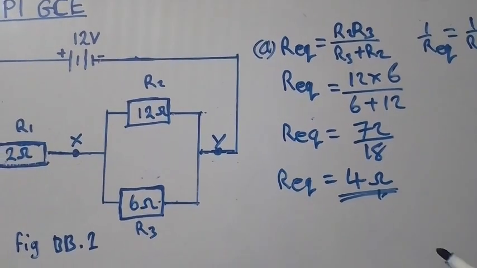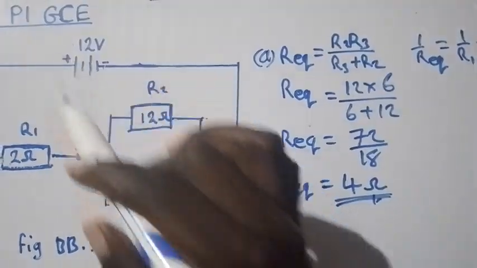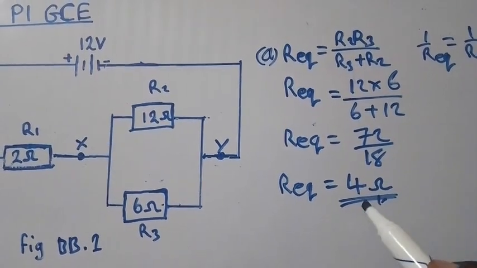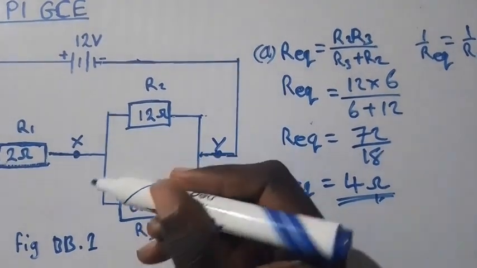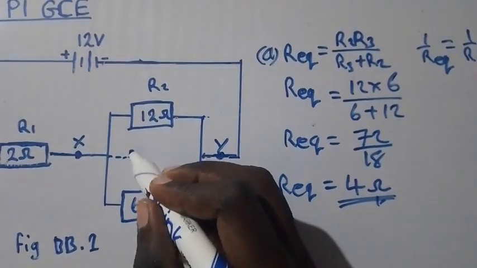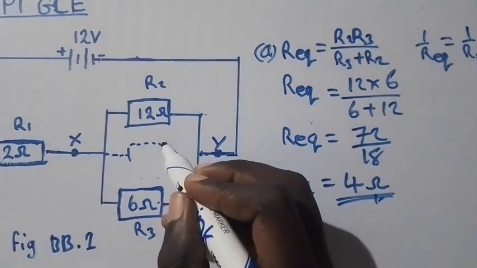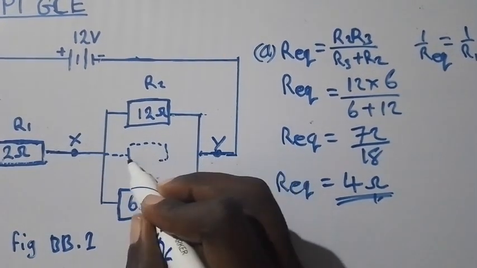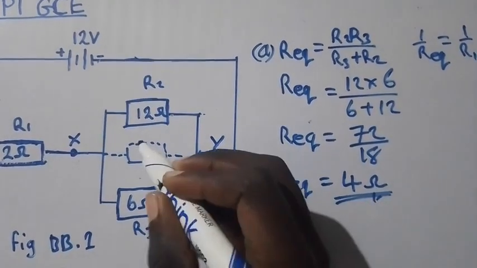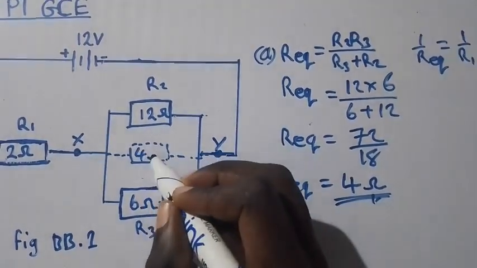So they want us to calculate the current which is coming from the battery there. So what we have calculated here, the equivalent resistor we have calculated, we can label it here. So this is our 4 ohm resistor we have calculated.